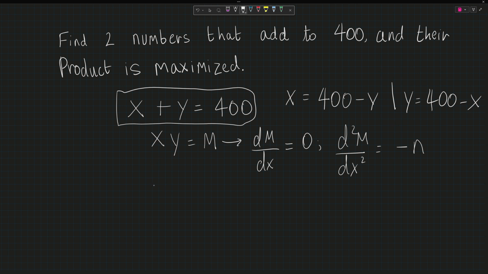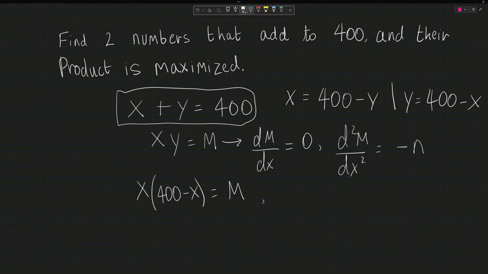So what I'm going to do is rewrite my equation: x times (400 minus x) equals m. Now, if you look at this, we only have two variables now. This becomes solvable. So I'm going to take the derivative, but before I do that, I'm going to multiply this out because it's much faster.